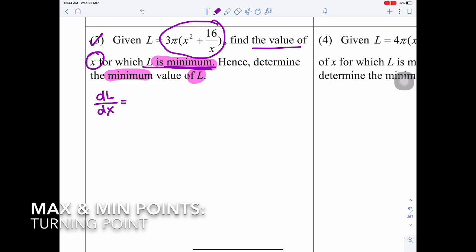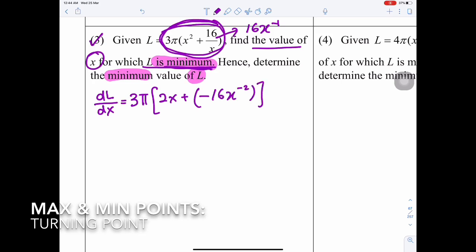How to differentiate this equation? Let 3 pi stay outside the bracket. Take note, x to the power of -1, and then 2x plus negative 16x to the power of -2.